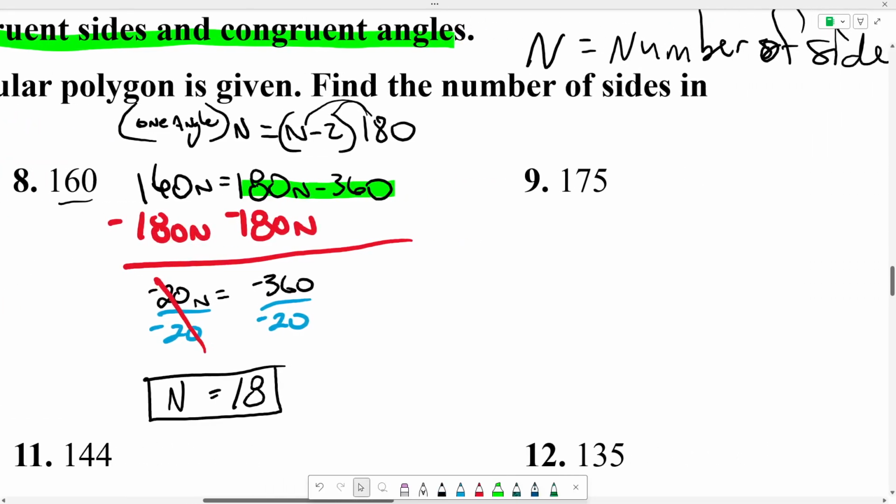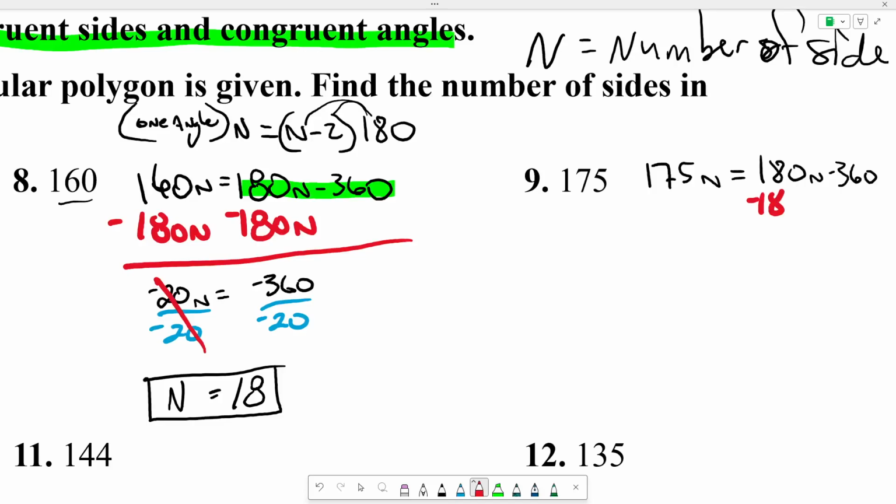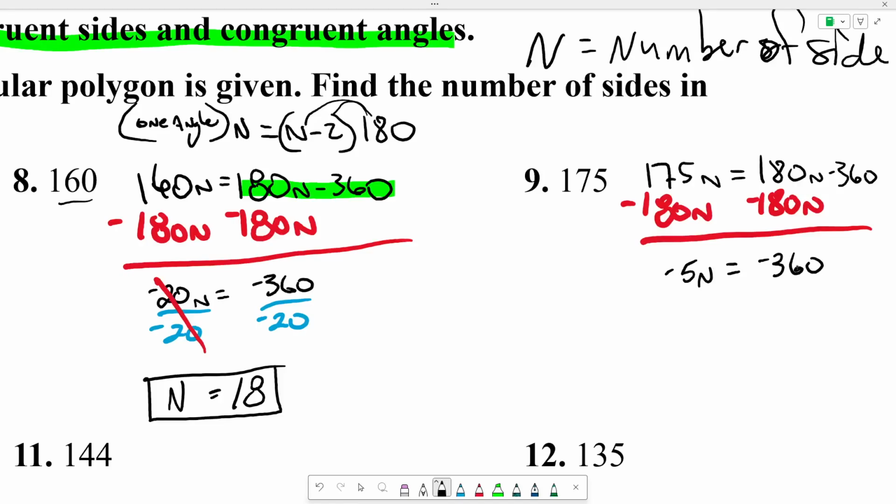Looking at our next example here. So I can start off with the 175 n is equal to 180 n minus 360. Subtract the 180 from the right, 180 from the left. I now have negative 5 n is equal to a negative 360. Divide both sides by negative 5.